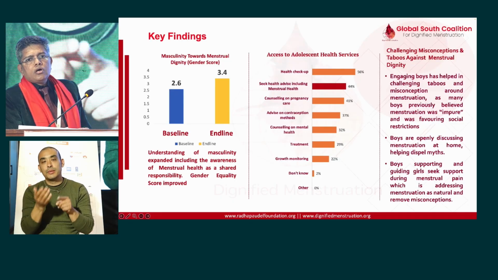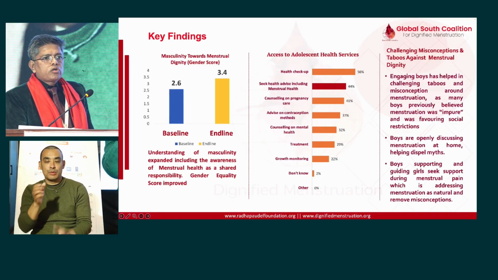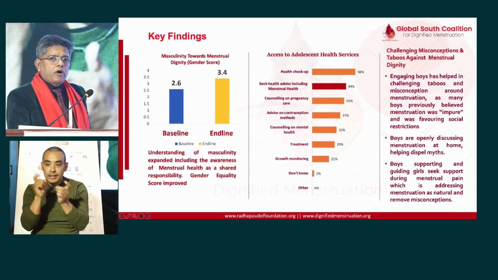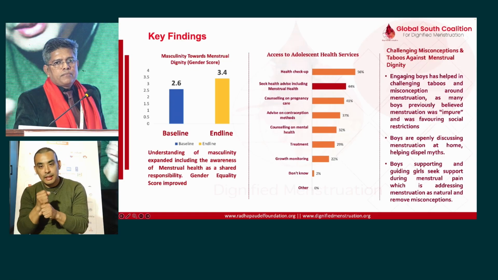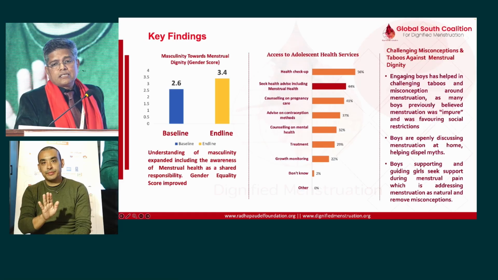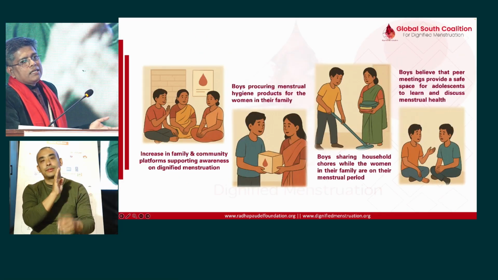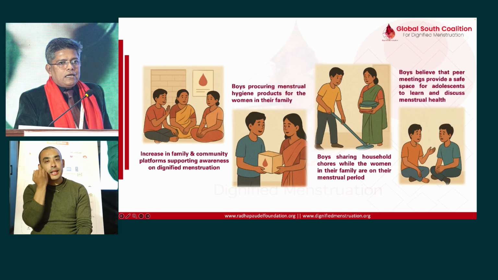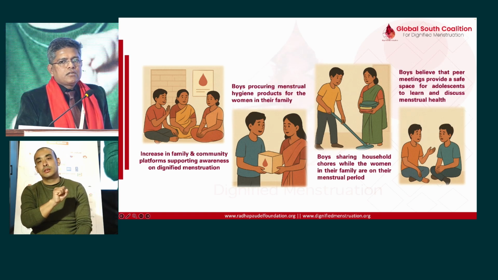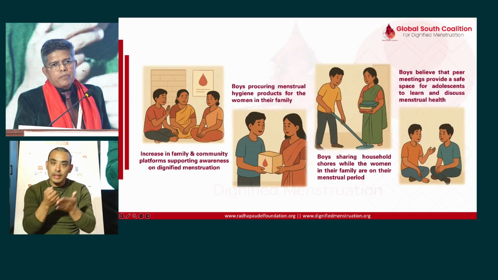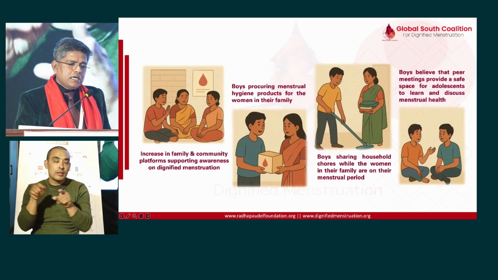The peer network group has also created a safe space for the boys to discuss and learn about menstruation, which has had an immense impact among the boys and the girls. We can also see that the boys have joined the family discourse, wherein they were talking about menstruation. They are supporting the women at home when they are menstruating.